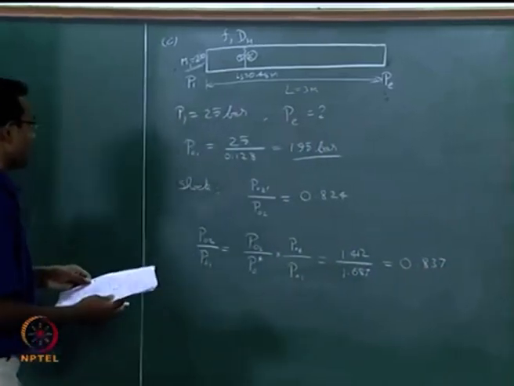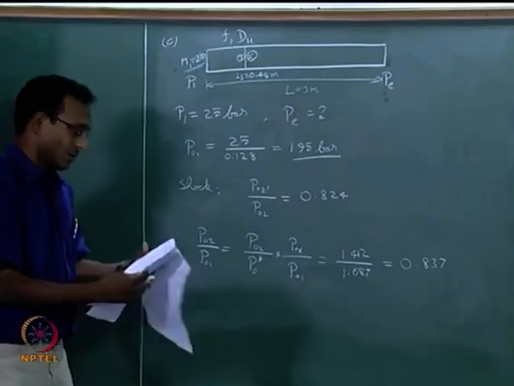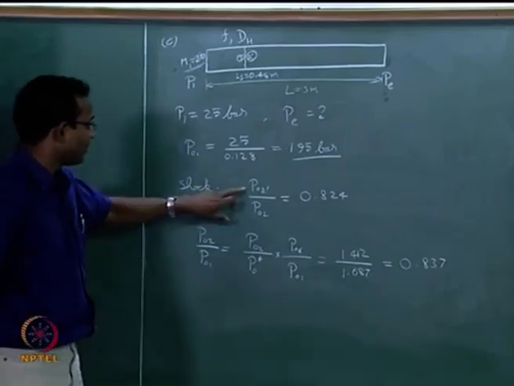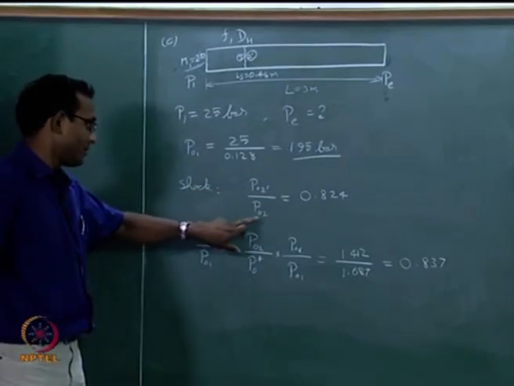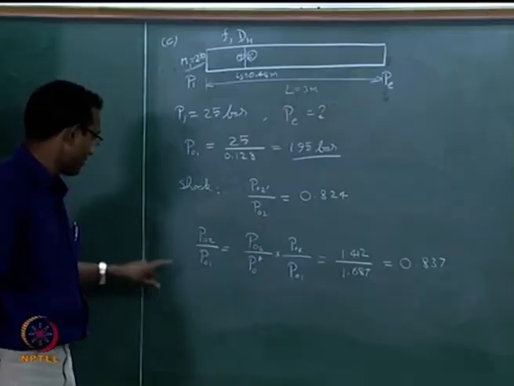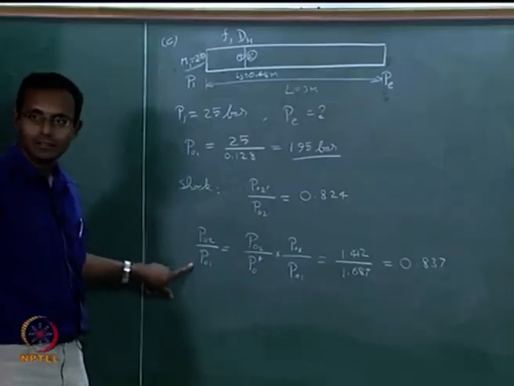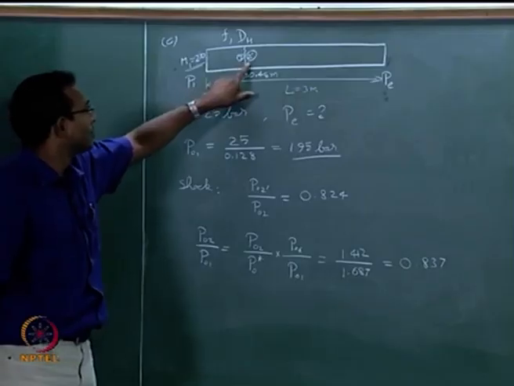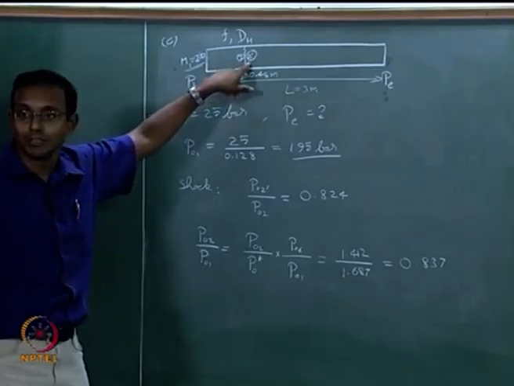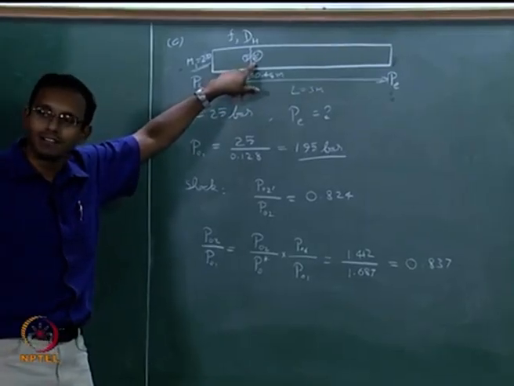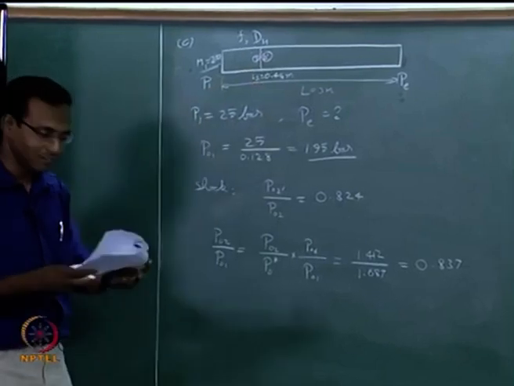Now look at these numbers. P02 prime by P02 I have, P02 by P01 I have, only thing left is P02 prime divided by P0 star prime, the downstream star value.